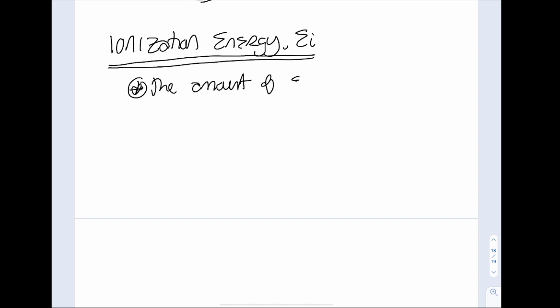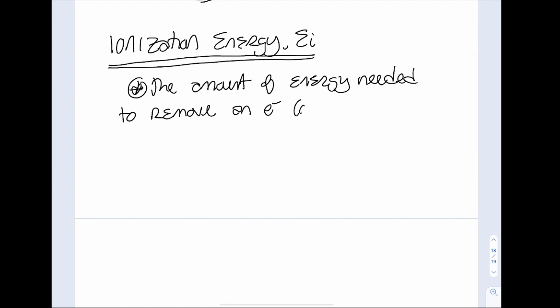The amount of energy needed, and we could just say any electron. We're not actually going to remove inner shell electrons. We'll draw electron configurations in the next chapter for ions, things that have electrons removed from them. So the amount of energy needed to remove any electron, it will be from our outer shell.